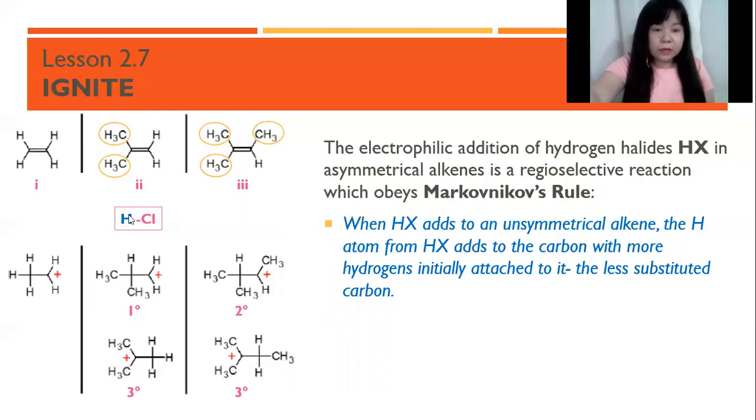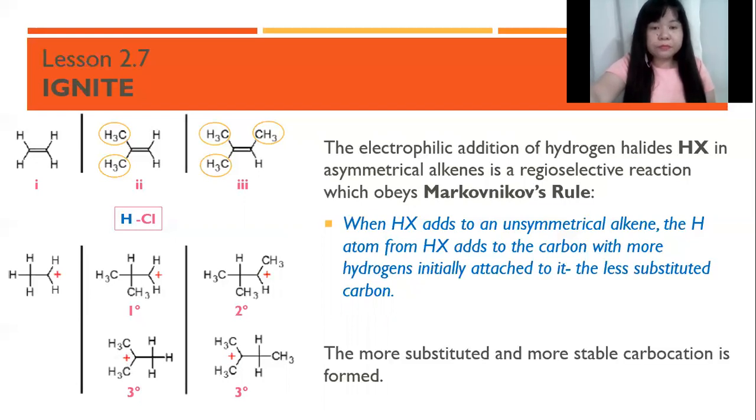In this case, H prefers to be attached to the carbon that is less substituted. So this carbon is only attached to one other carbon. So it attaches itself to this carbon. And as a consequence, the positive charge is placed on the carbon with more substituents here.